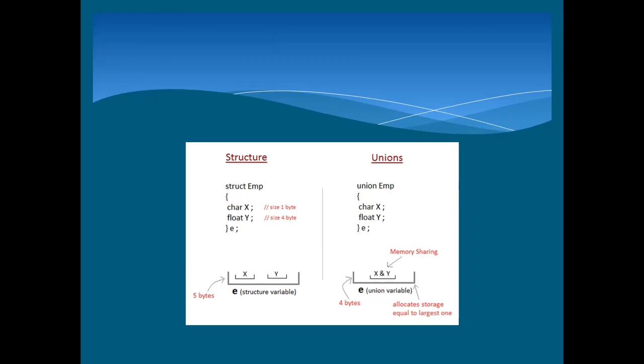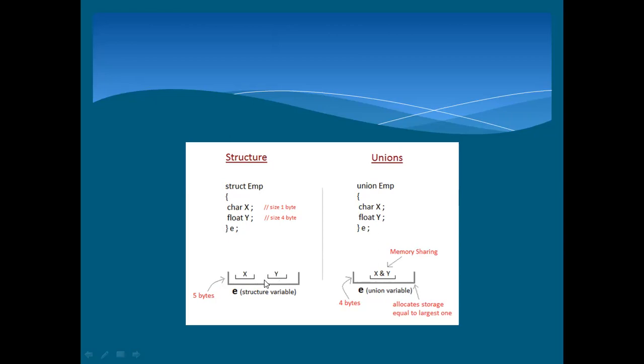So for the union, the compiler will allocate only one memory location, that is 4 bytes of memory. So in the structure, separate memory locations are allocated, here 1 byte and 4 bytes. Whereas in the union, you are going to observe only one memory location is allocated.